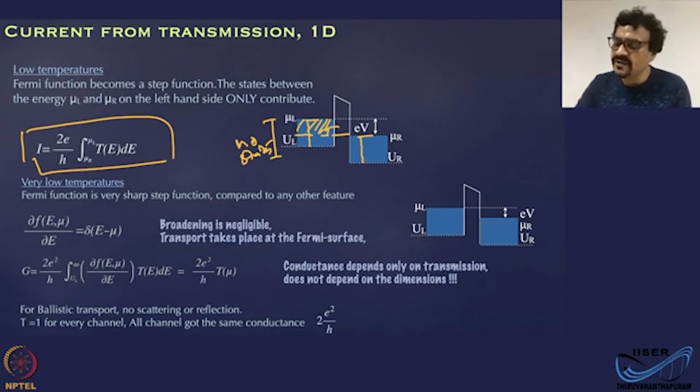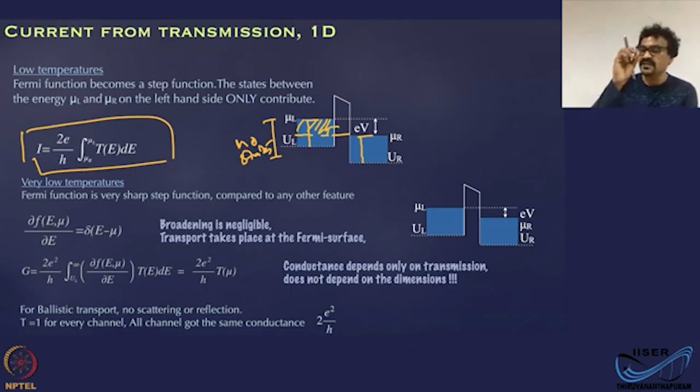Now, at very low temperature and very low energy window, because at low temperature the Fermi function is very sharp compared to any other feature.